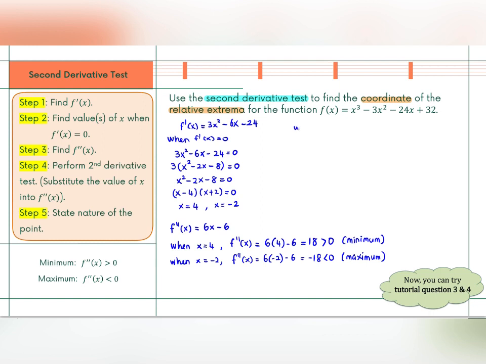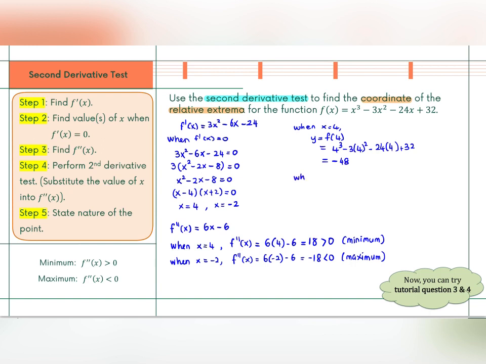So, when x equals to 4, y will be equals to f of 4. So, gantikan 4 kuasa 3 tolak 3, 4 squared tolak 24 kali 4 tambah 32. So, dekat sini y is negative 48.